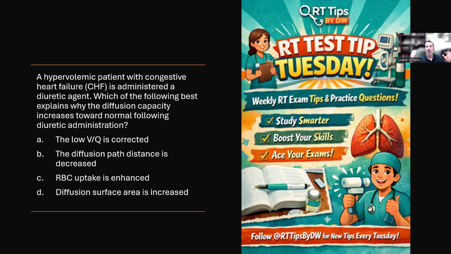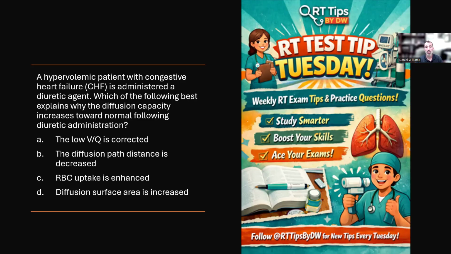So that's some of the anatomy that we've got to think about before we even look at the answer choices. We understand that we have a hypervolemic patient with congestive heart failure, and they're given a diuretic agent. It says, which of the following explains why the diffusion capacity increases toward normal following that diuretic administration? So this is impacting the ability of oxygen to diffuse across that alveolar capillary membrane.